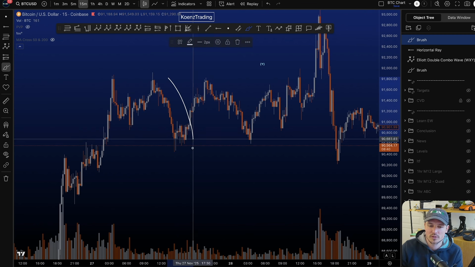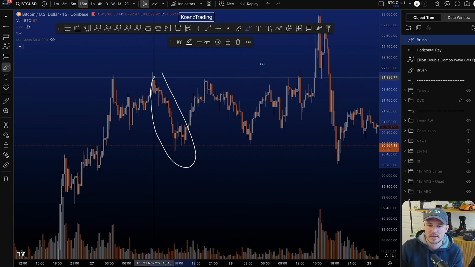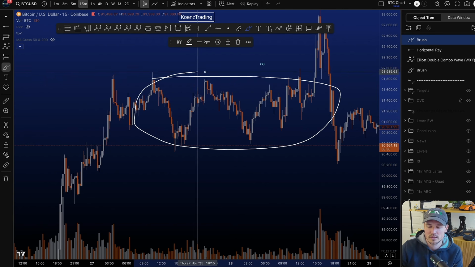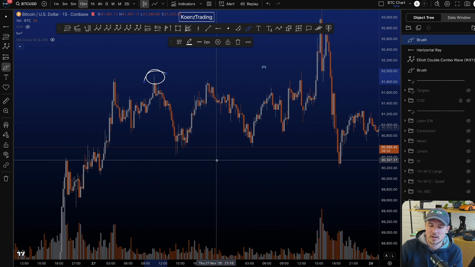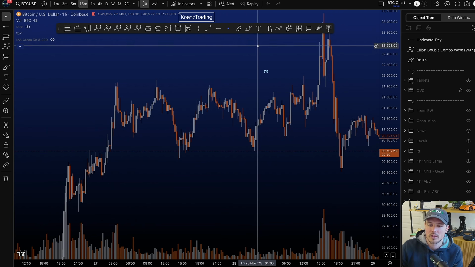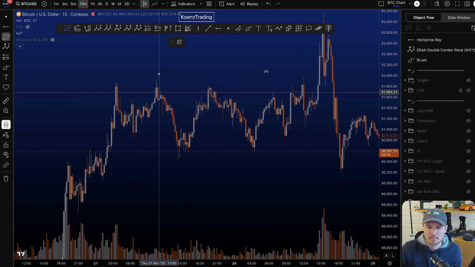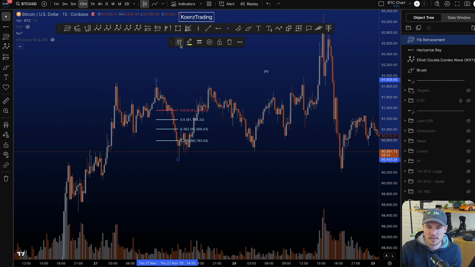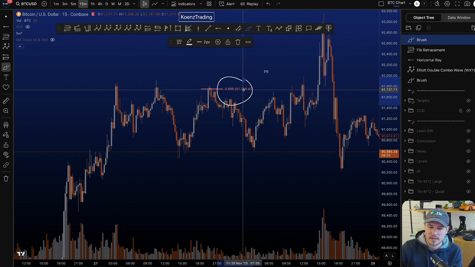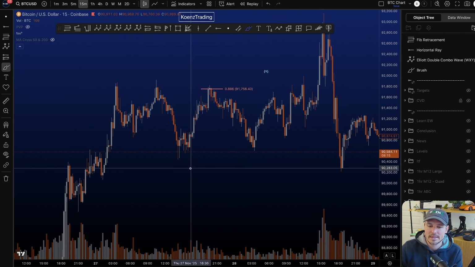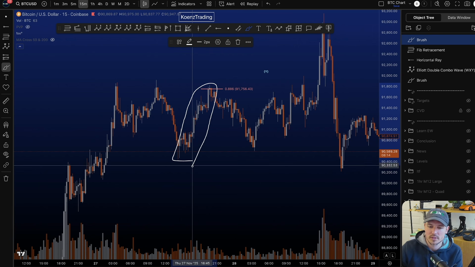Continues the range, but because your bias is set in, this is most likely a corrective structure, you can look for long entries, minimum target, take out this high. But then you've got to wait for a little bit of a risk to reward ratio. Well, what then happens is price continues up and touches the 886. The 886 K8 principle, it's common for price to retrace back in the range of this move to the upside.